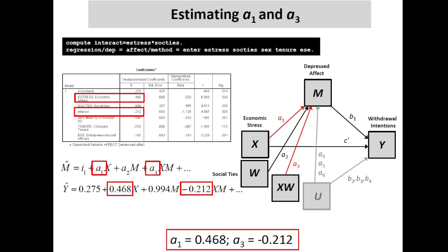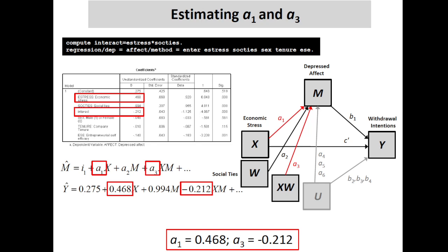A1 and A3, we've already done this. We did this earlier in the moderation component of this talk, but I'm just repeating it here. This is the same model we used when we were modeling the moderation of the effect of stress on depressed affect. We've seen this output before. We've seen A1 and A3, although we called them V1 and V3 before. There's our minus 0.212 that you saw earlier. You've got to bring in the coefficient for X into that as well.